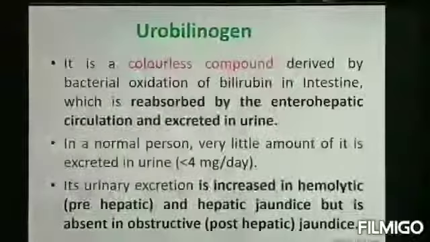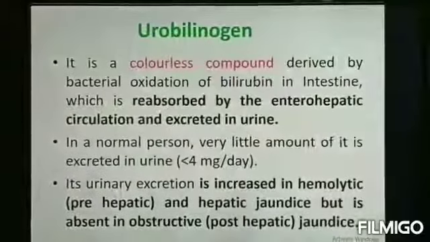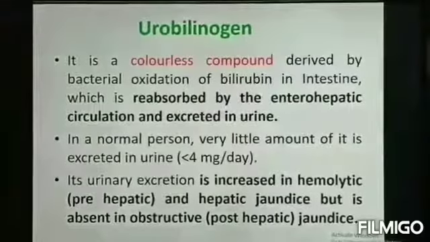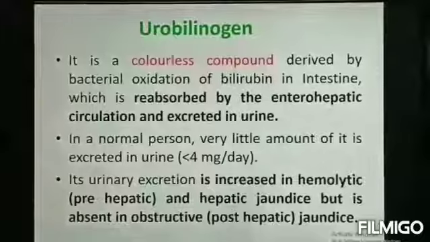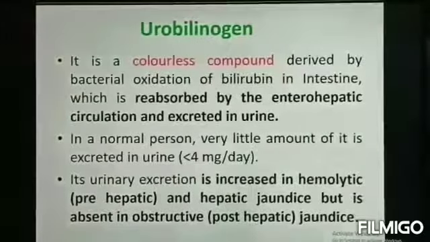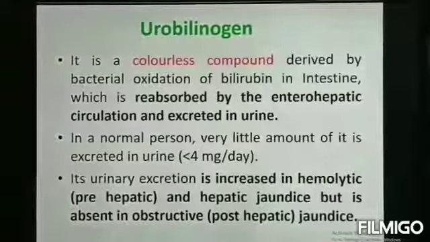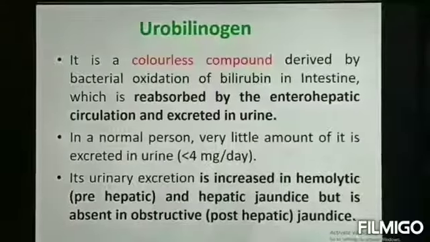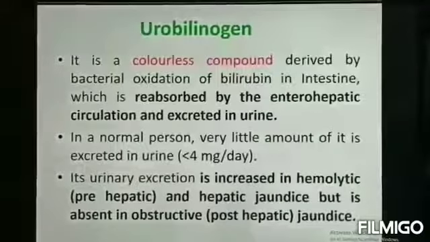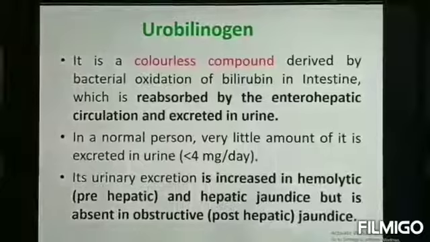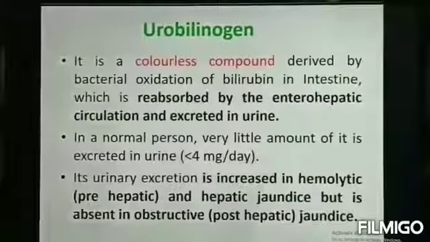Now, what is the importance of urobilinogen and its test? Urobilinogen is a colorless compound derived by bacterial oxidation of bilirubin in the intestine, which is reabsorbed by enterohepatic circulation and excreted in urine. In a normal person, very little urobilinogen is excreted in the urine, less than 4 mg per day.